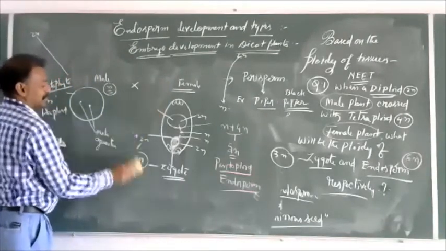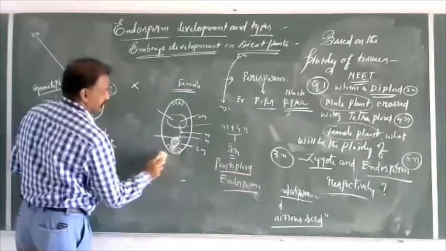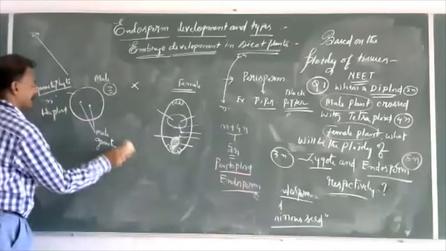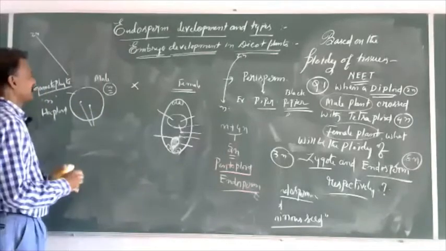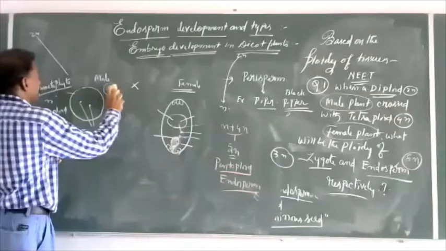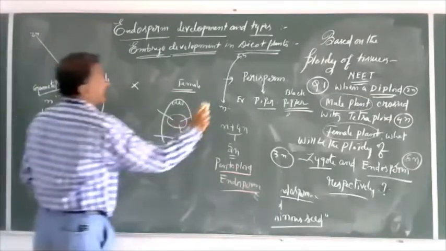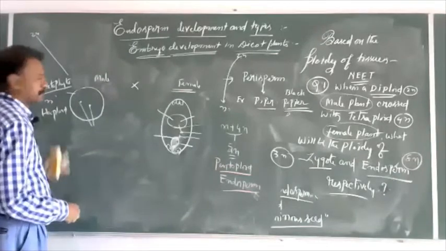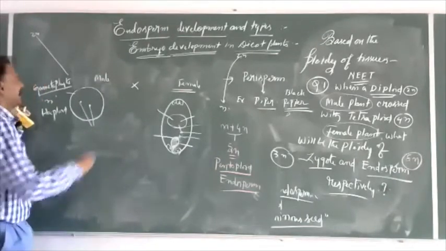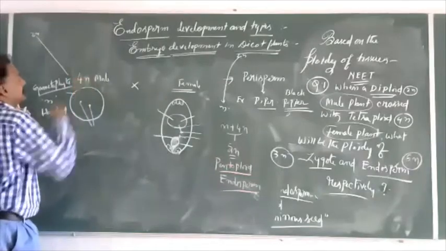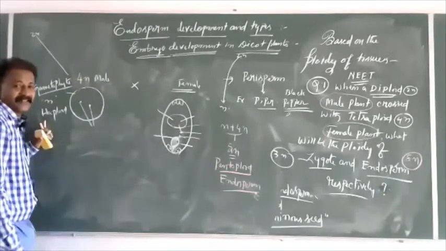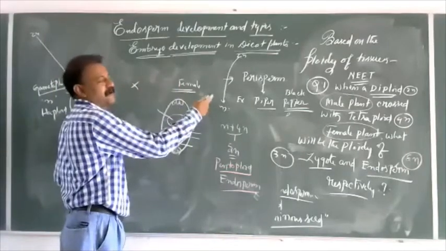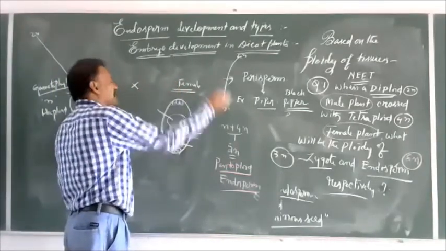We are going to change. If a male plant is tetraploid and the female plant is hexaploid or octaploid or diploid or various.